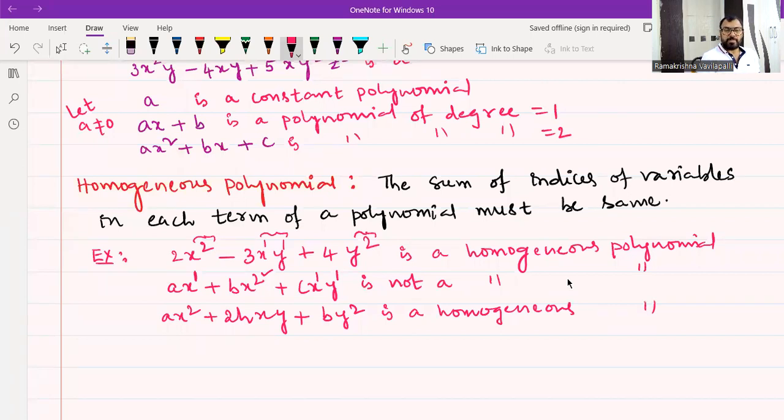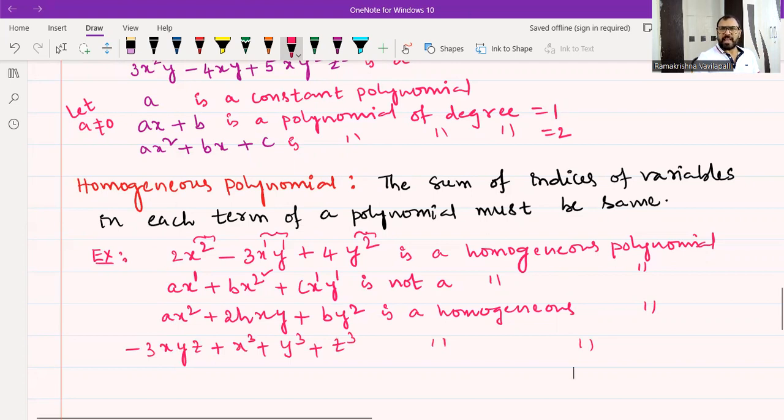You can take any number of variables: x cube plus y cube plus z cube is a homogeneous polynomial of degree 3.